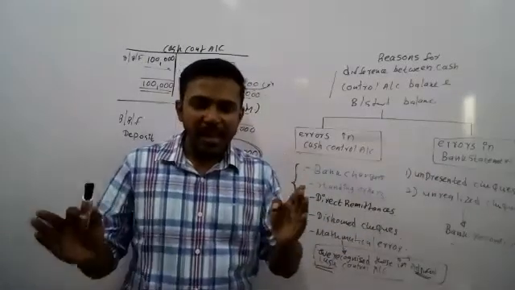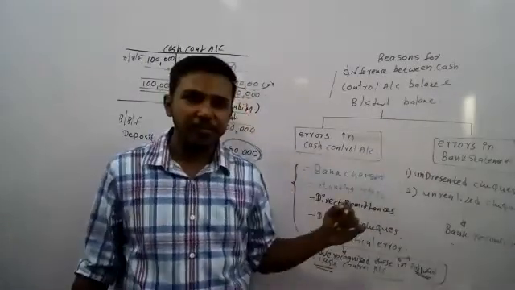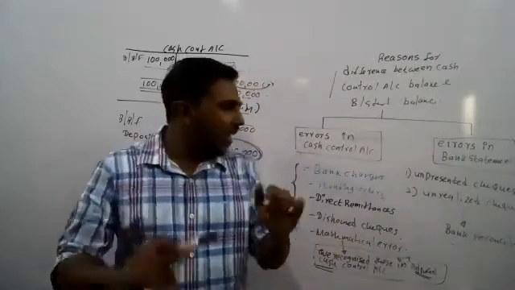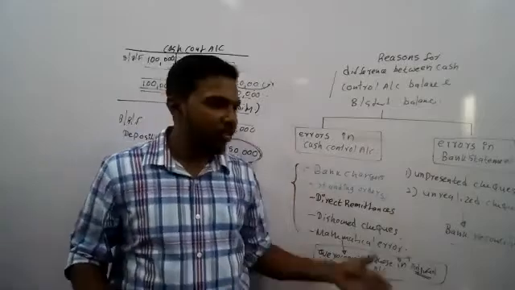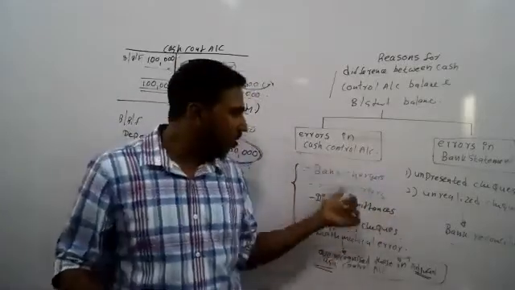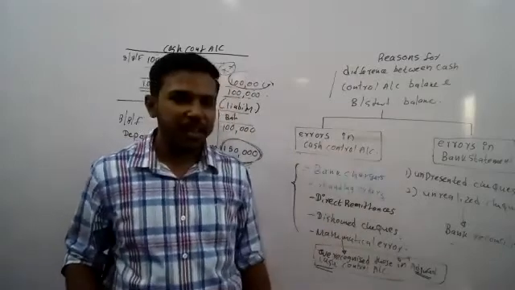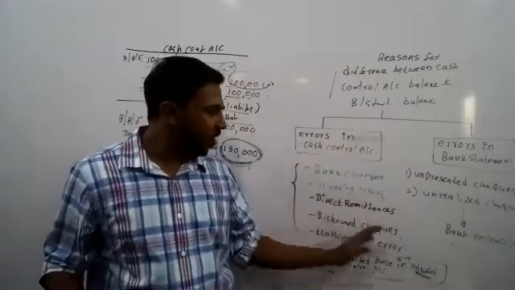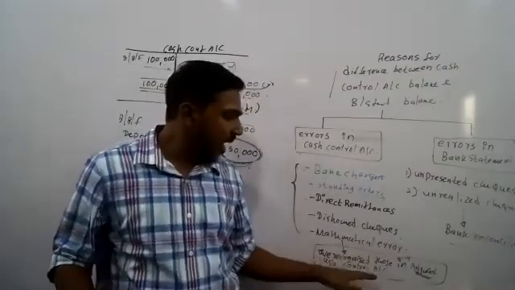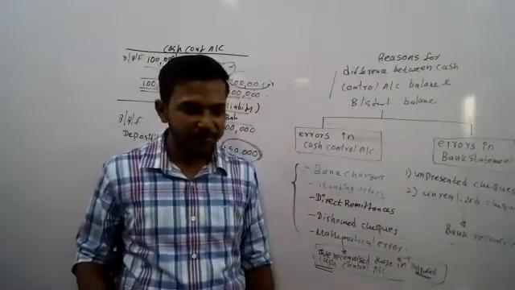There could be errors in the cash control account, and there could be errors in the bank statement. These are the examples of errors in the cash control account: things the cash control account has not recorded. That error should be rectified using the adjusted cash control account.